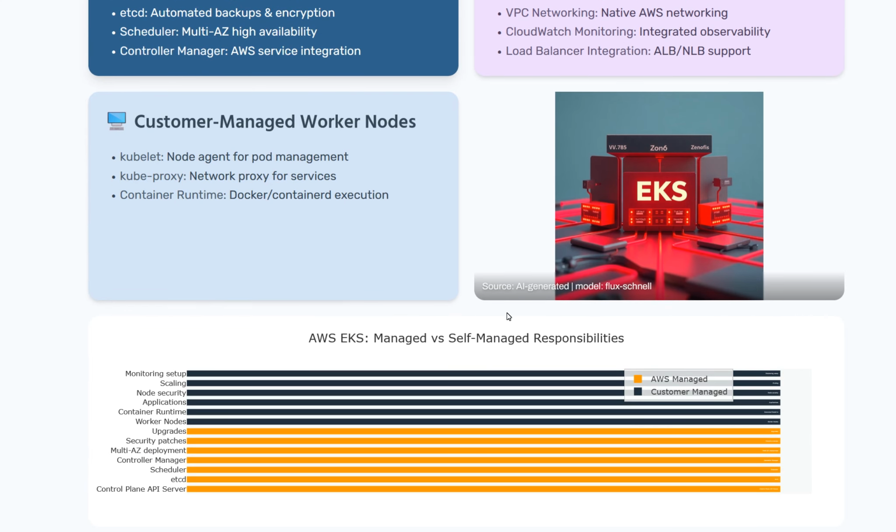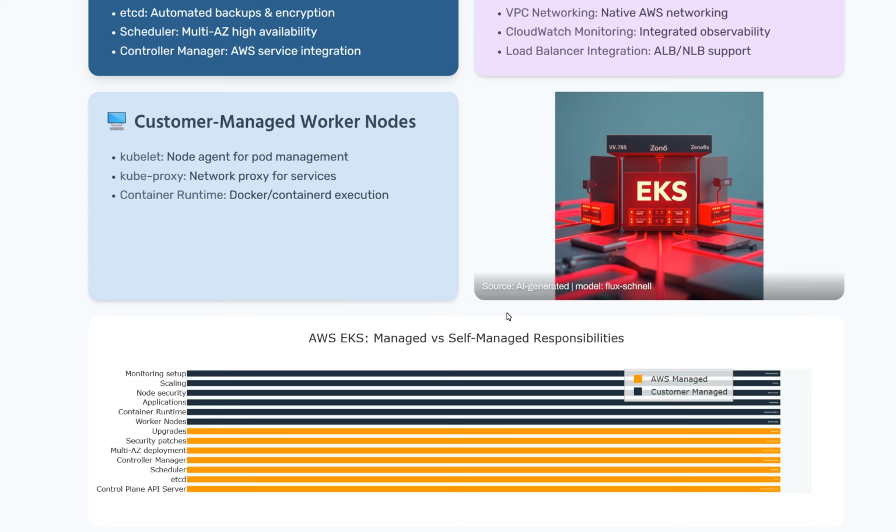You see the part about AWS EKS managed versus self-managed responsibilities, right? What services are AWS managed and what services are customer managed in these clusters? You can see the infrastructure, upgrades, security patches, availability, deployment, controller manager, scheduler, control plane, everything is managed by AWS.